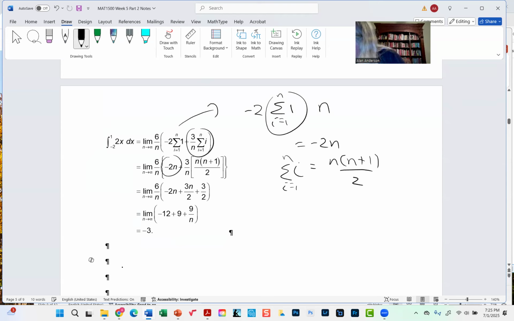We still have the 3n. And anyway, when we get down to this point, you can see that we ultimately wind up with -12 plus 9 over n. And then this one goes to 0. And finally, when the dust settles, we have -3.